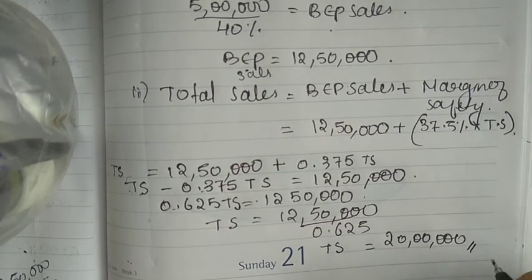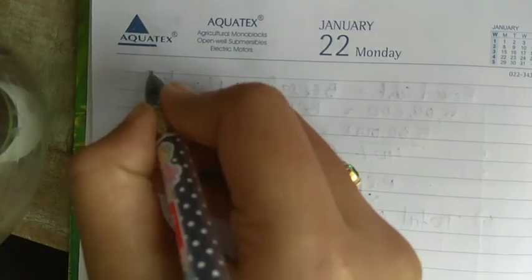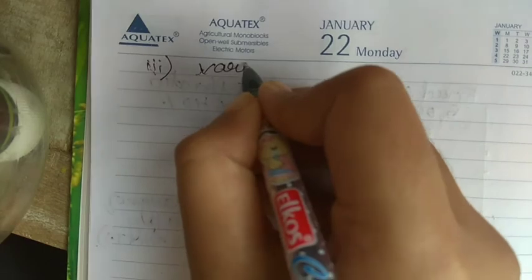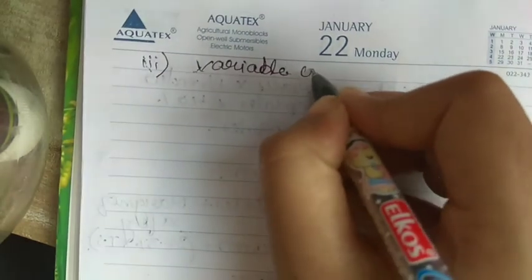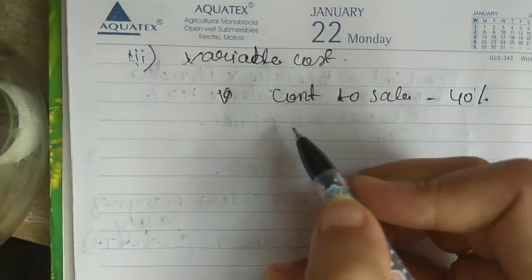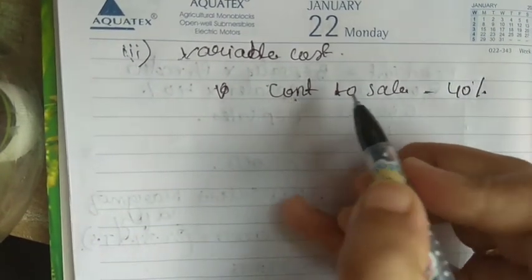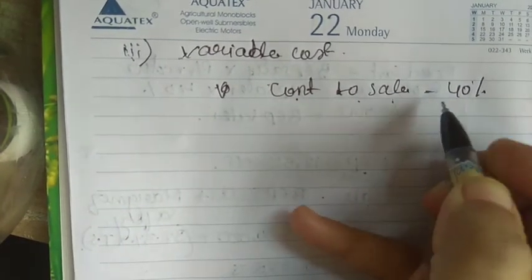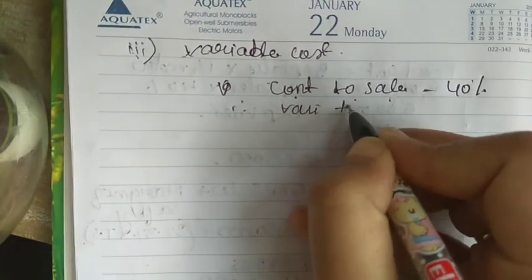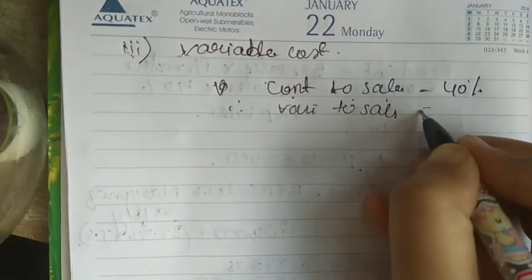That's it. The third one is to find variable cost. Now we have found the total sales, and they have also mentioned that contribution to sales is 40%. Therefore, variable cost to sales will be 60%. Yes or no?